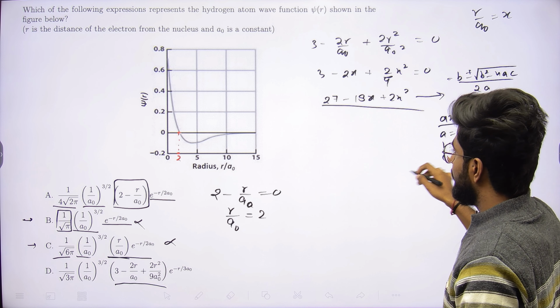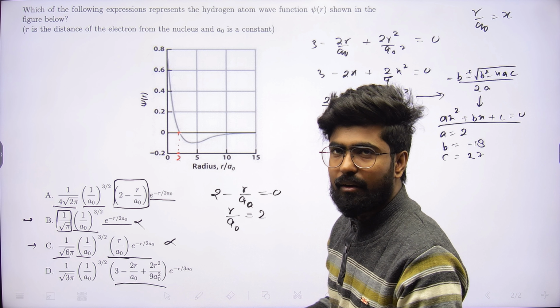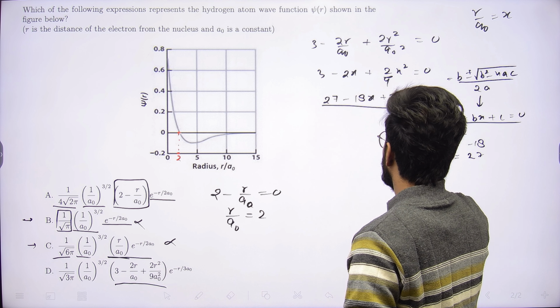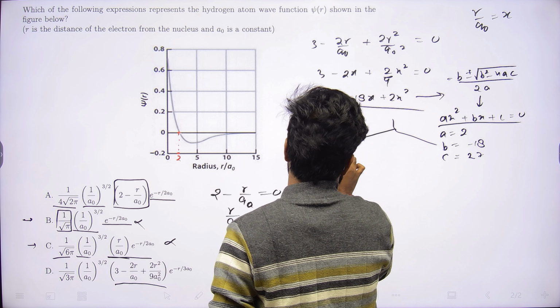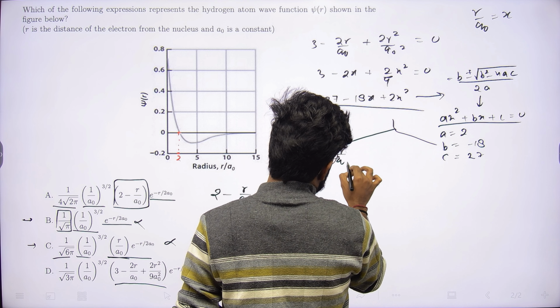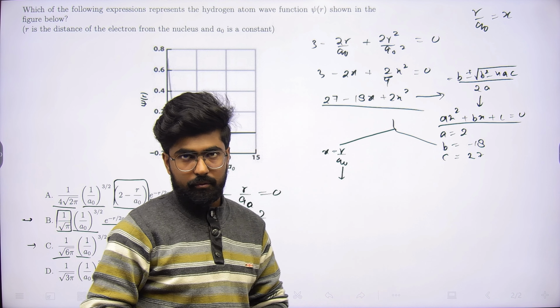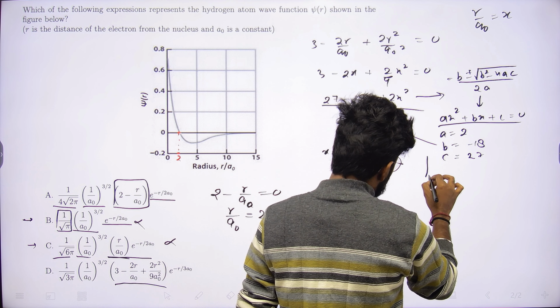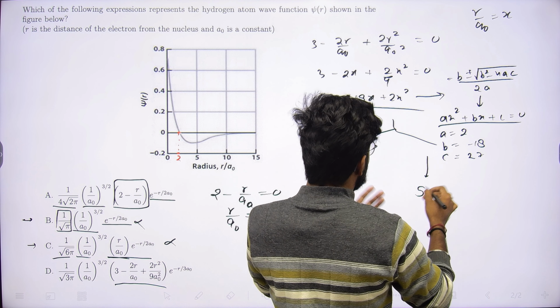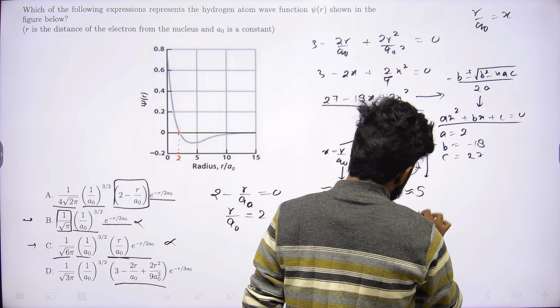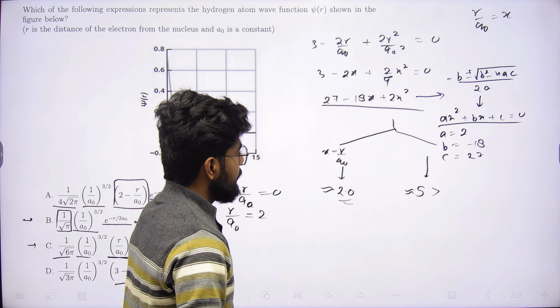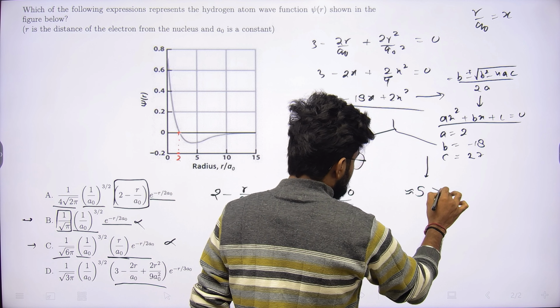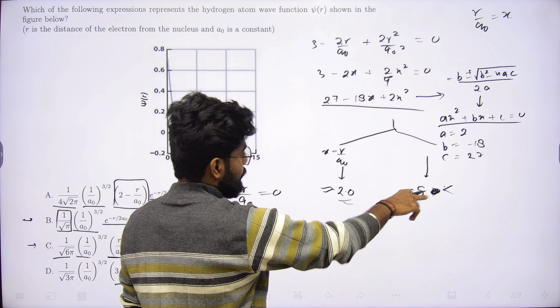When you solve this, it is very simple. You will get two values of x, meaning r by a naught, and both of them will be positive. One will be close to 2 and one will be somewhat greater than 5.